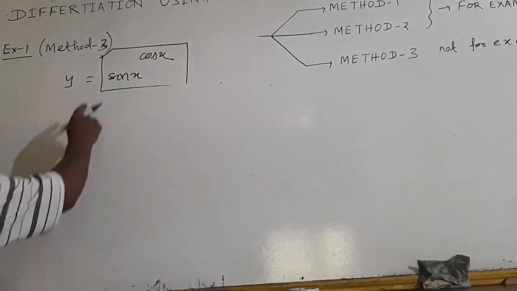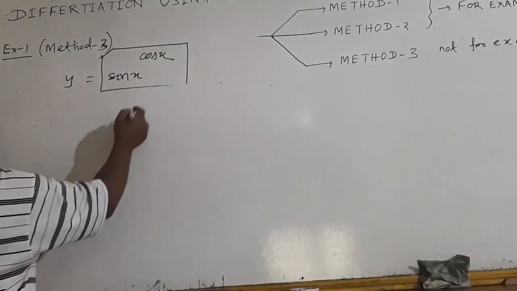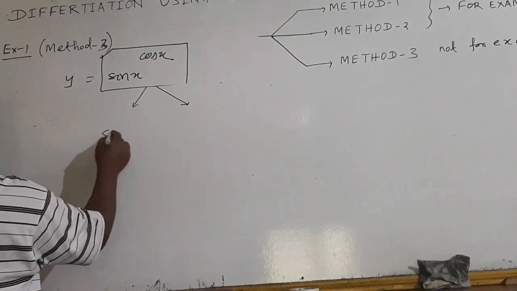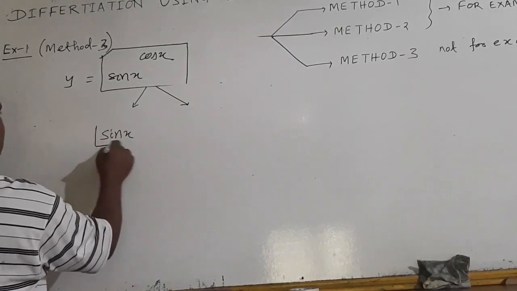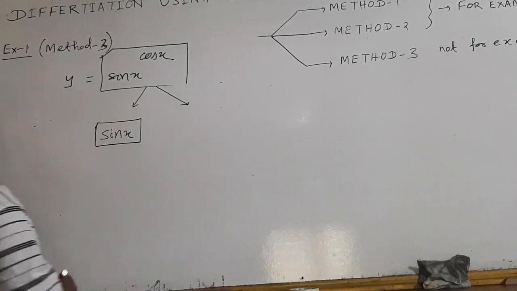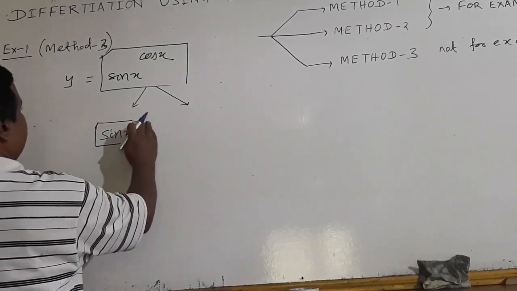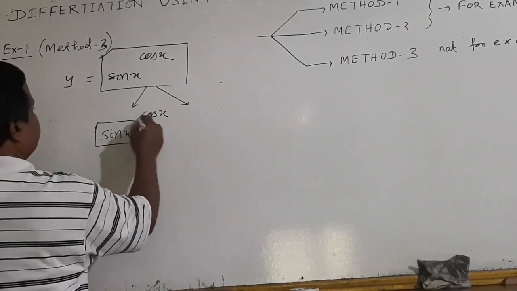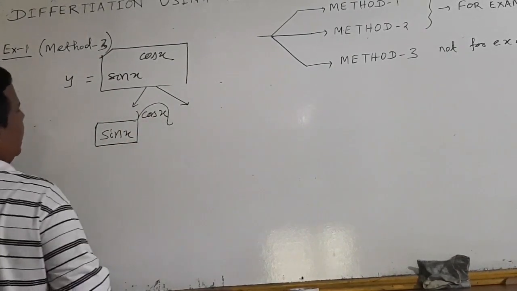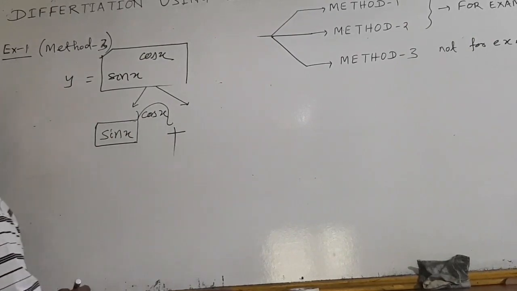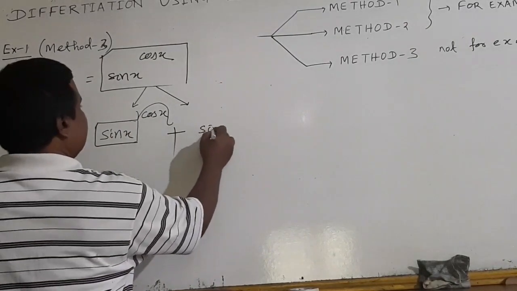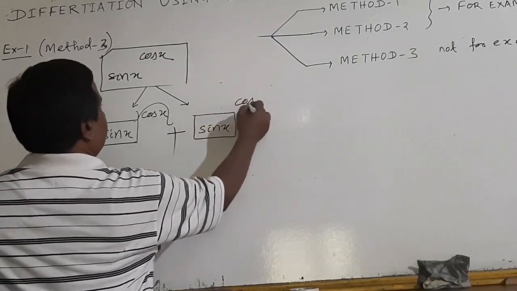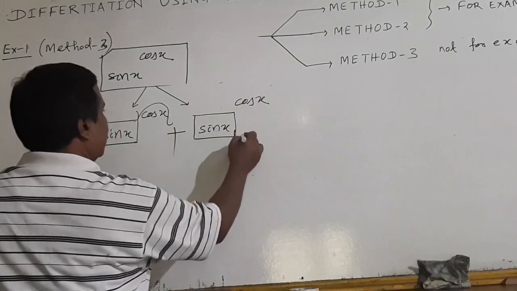What is that? Y is equal to sin x to the power cos x. First, you have to divide two things. First thing, it is sin x to the power n. N means what? Cos x. Sin x to the power cos x, and you think it is n. Next, plus, you think this sin x to the power cos x is your a.